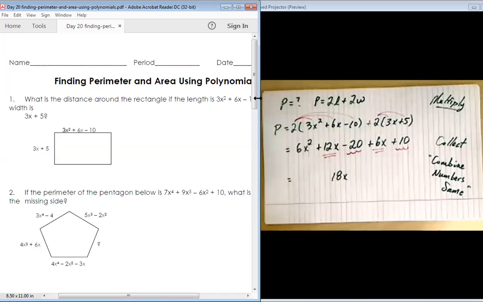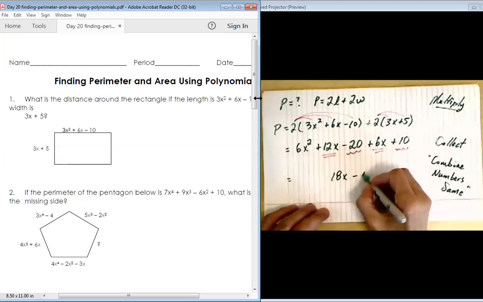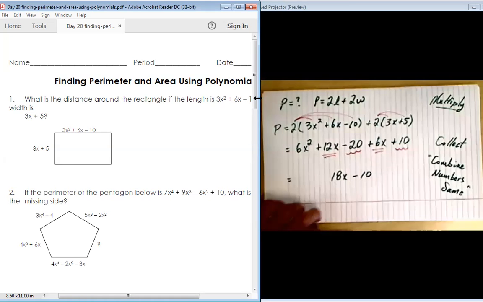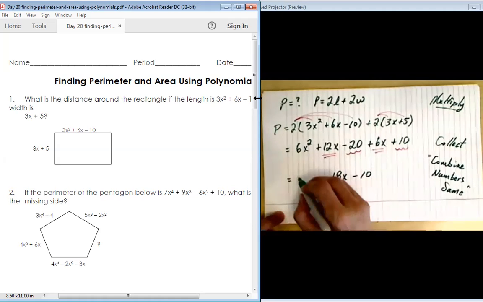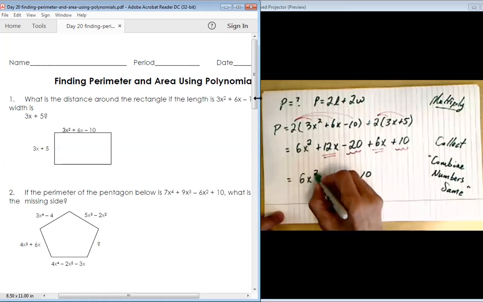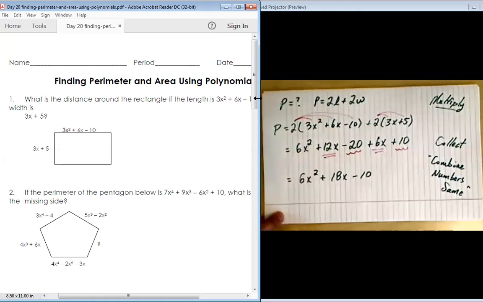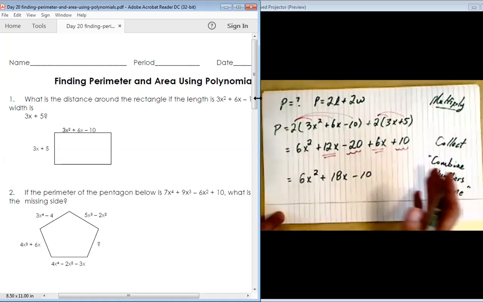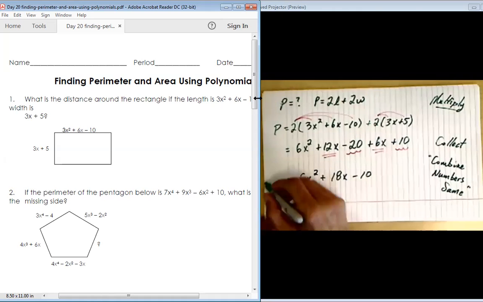That's good. That's right. And the 6x squared up there, that comes down. Okay, so anything else? No. Put the P there.